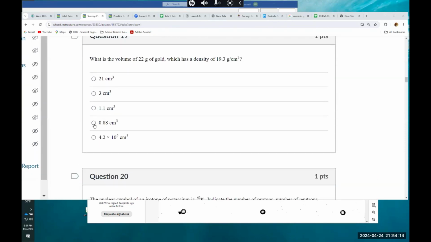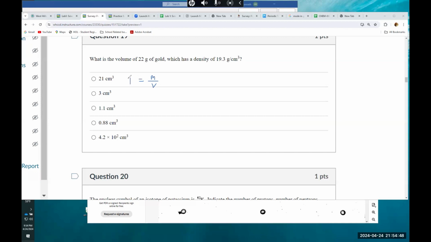Okay. What is the volume of 22 g of gold, which has a density of 19.3 grams per cubic centimeter? What are we looking for? The volume. Mass over volume equals density.